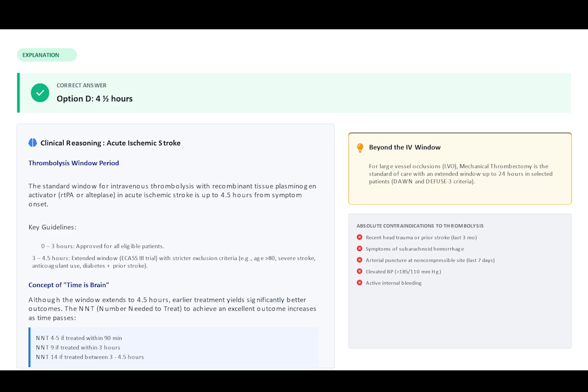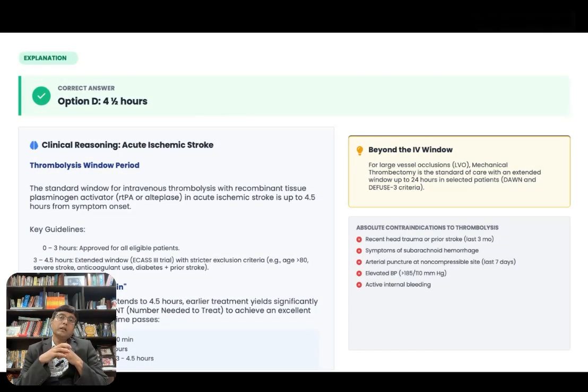This is the target for revascularization. Yes, treating the ischemic penumbra is the actual goal of thrombolysis. As you all know, we can image the ischemic penumbra by perfusion imaging of CT or MRI.